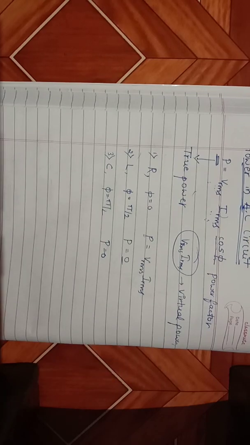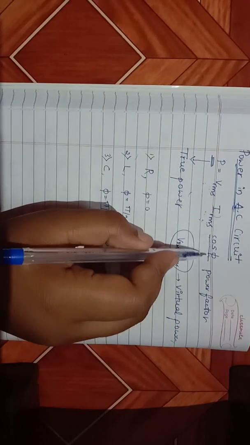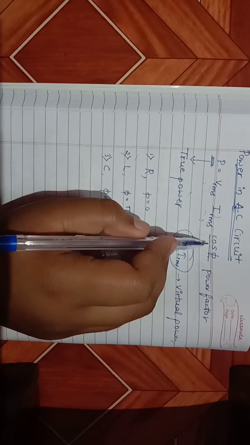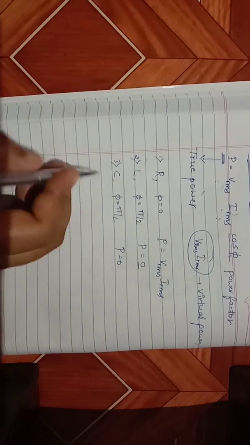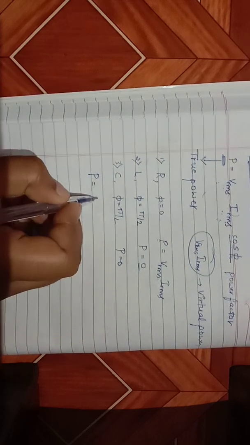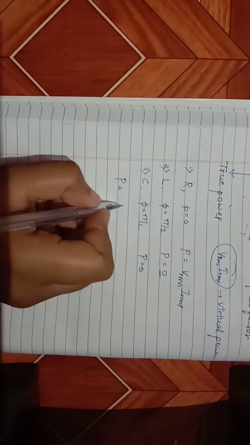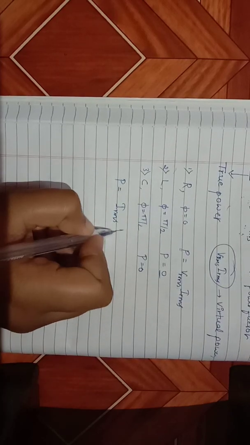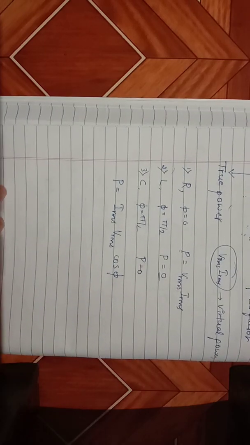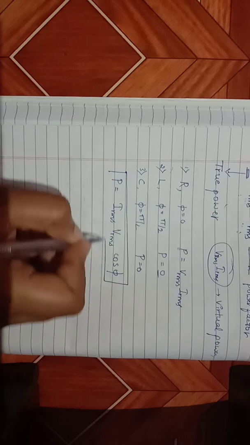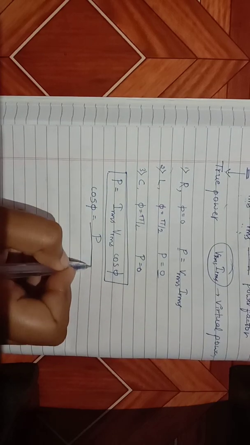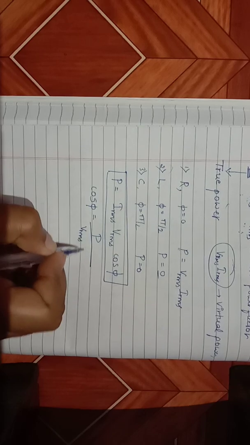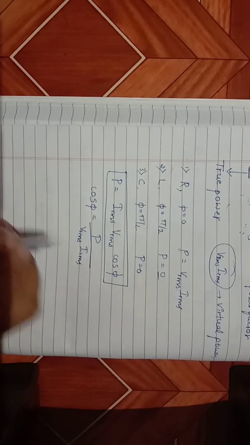And to understand more about the power factor, how can we define it? You know P is equal to Irms into Vrms into cos phi. So how can we define this cos phi? This is the formula we are having. So cos phi is nothing but P divided by Vrms into Irms.